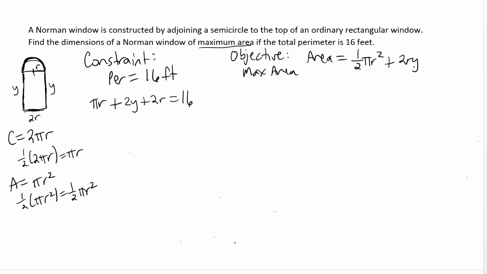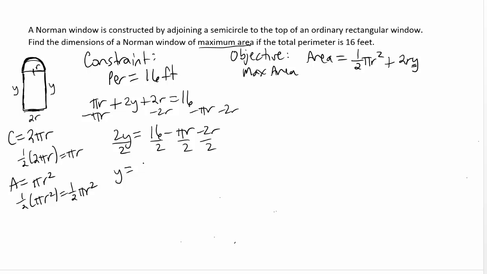Instead, if I just replace y and come over here, it's not so bad to solve this constraint for y, because there's only the one y term. So if I subtract the two r terms to the other side, that gets me the y term by itself, and then I can divide everything by 2, and that isn't too much work to figure out what y is.